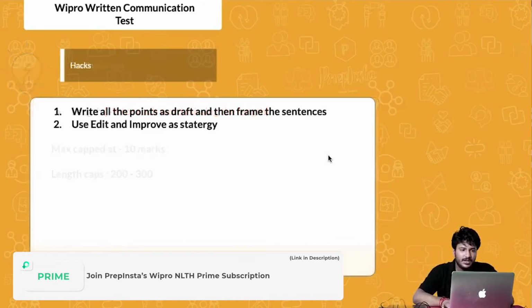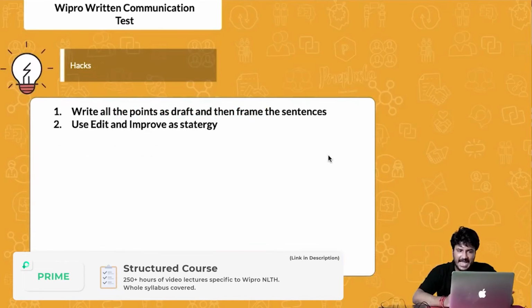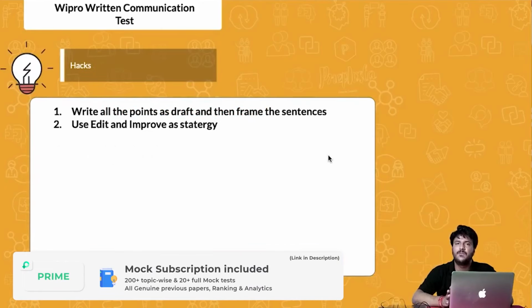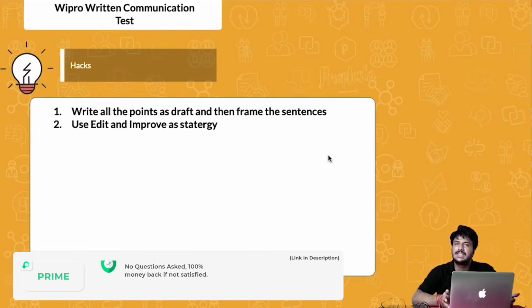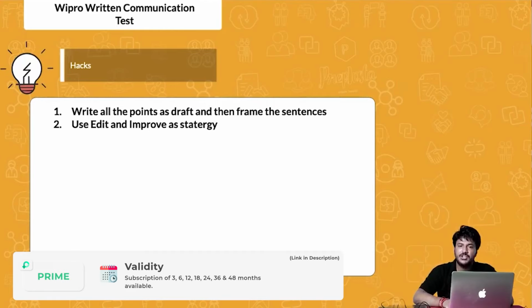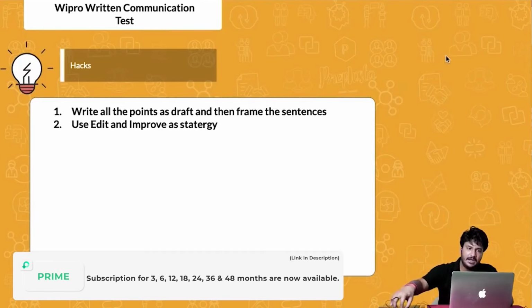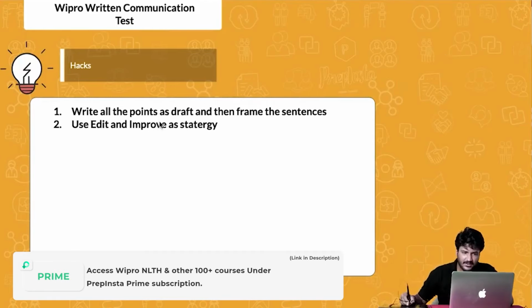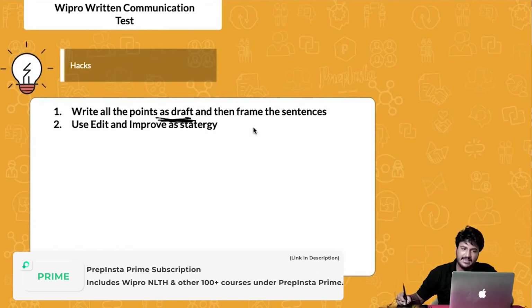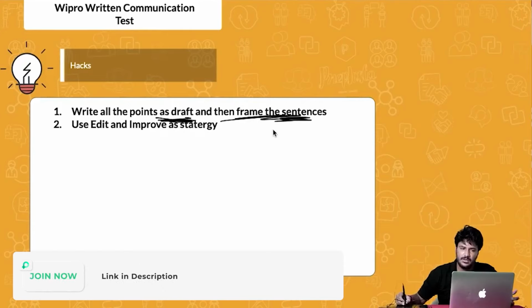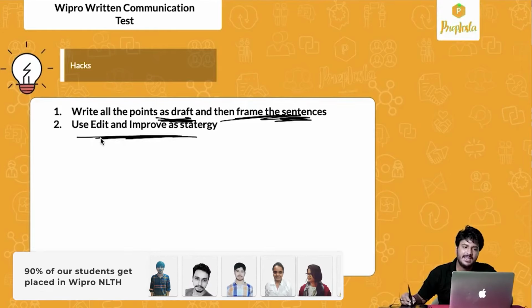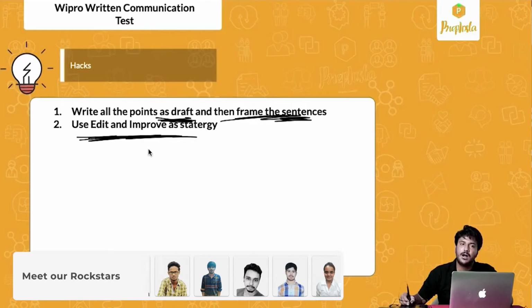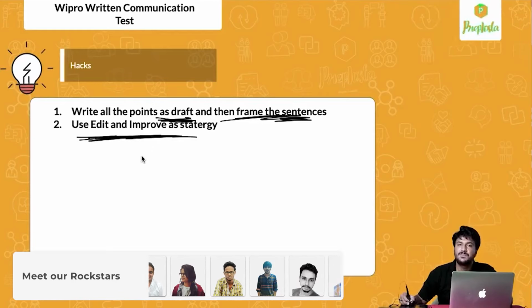Okay, so the best strategy and hack that I will say: write first. You can simply start by writing the whole essay at once, but make sure that you reiterate, right? Write all the points as a draft. So you can write a draft essay and then frame the sentences on it. You can use the edit and improve strategy, that you write the whole essay and then you proofread it again and then edit the points, use a variety of words, maybe look for spelling errors.